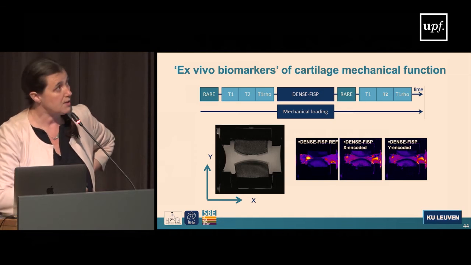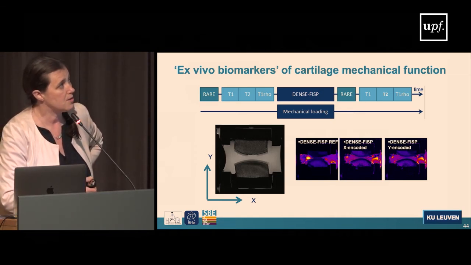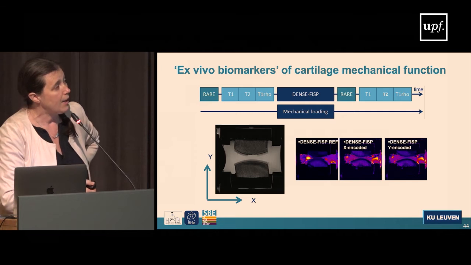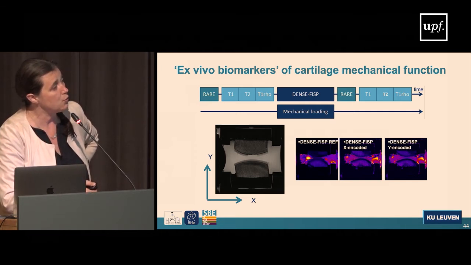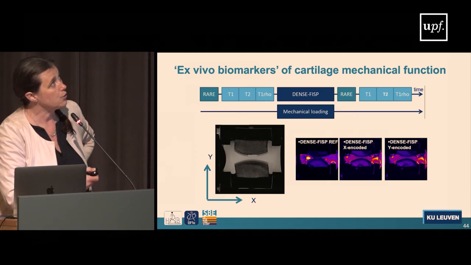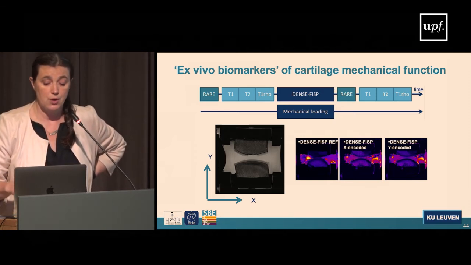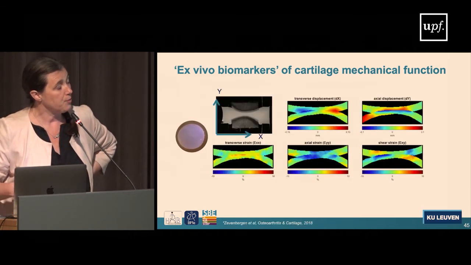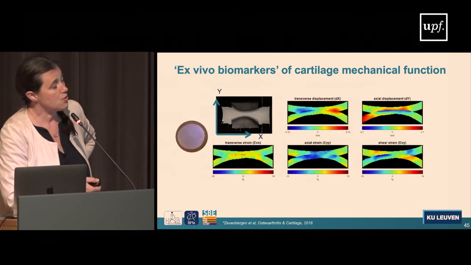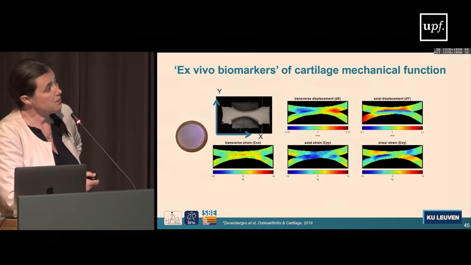So this is a specific protocol that is called DENSE imaging, in which we look at the deformation gradients in two different planes in order to look for functional biomarkers of cartilage mechanical function. So the type of pictures you get from this is here the displacement fields.